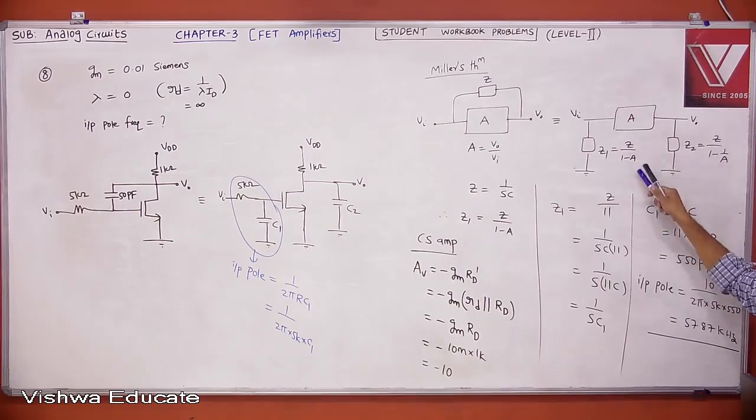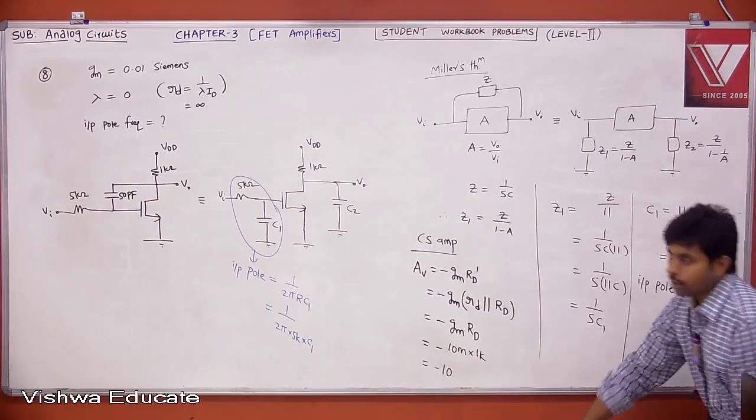We got Z1 is equal to Z by 1 minus A, and Z2 is Z divided by 1 minus 1 by A. This we already solved. Done? Okay. Now problem number 9.